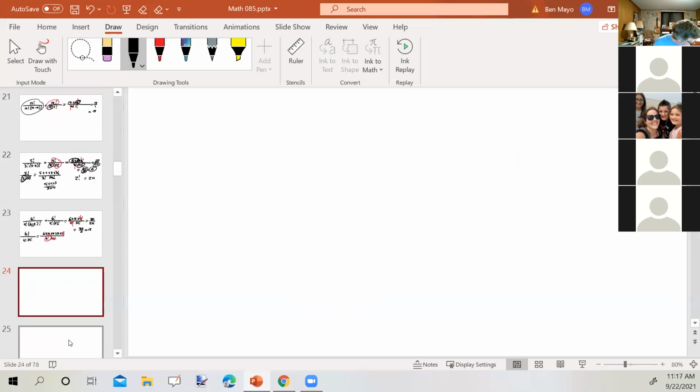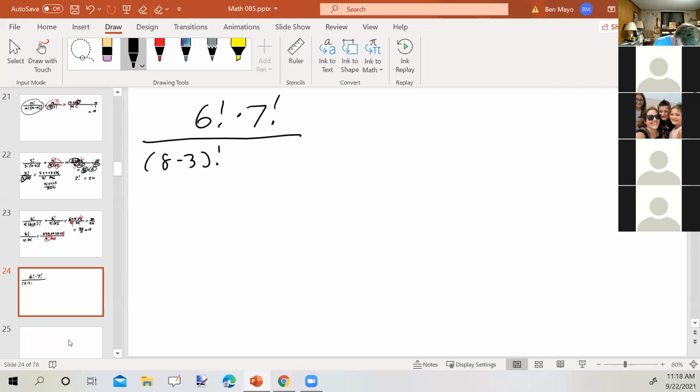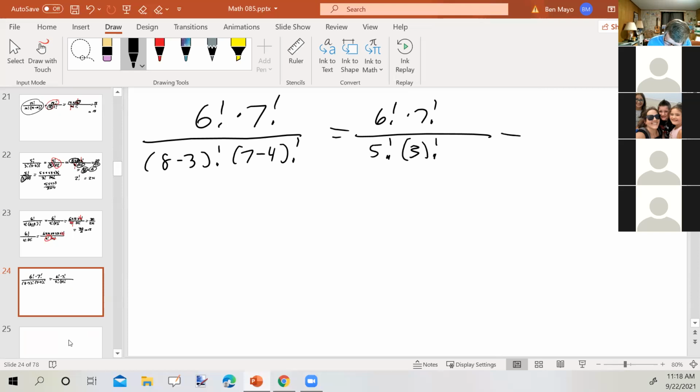This one. 6 factorial times 7 factorial over 8 minus 3 factorial times 7 minus 4 factorial. Okay. So this is 6 factorial times 7 factorial over 8 minus 3 is 5 factorial times 7 minus 4 is 3 factorial.